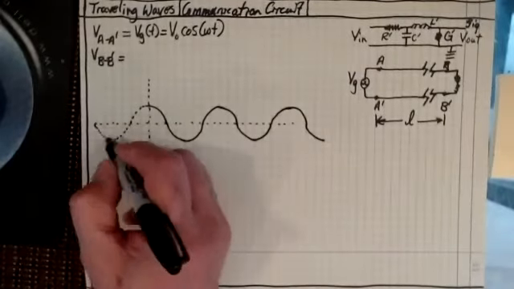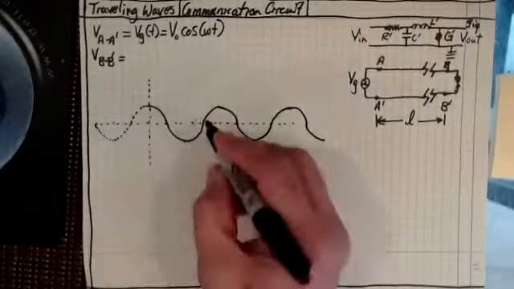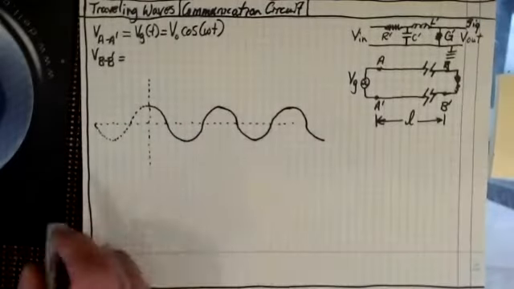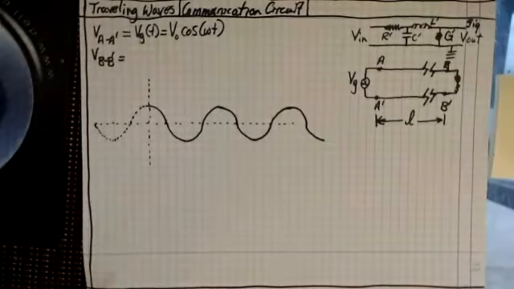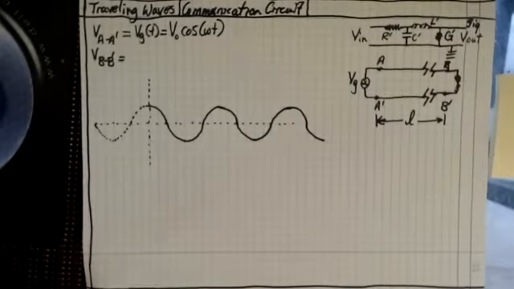So this is the future. This is what's already happened. Now, let's just look at that waveform. We know a couple things about this waveform, and this is why I wanted to take a full lecture to talk to you about this.